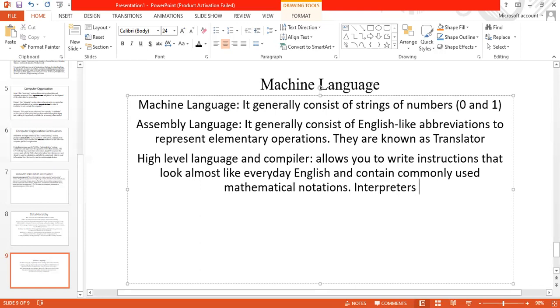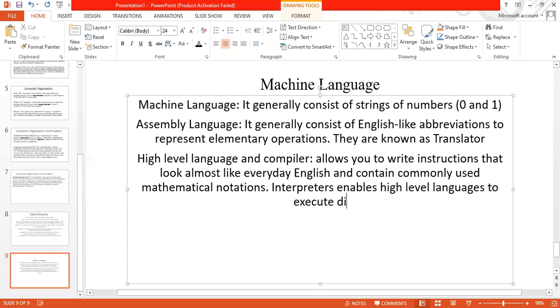Interpreters enable high-level language to execute directly without first going to compile, and so it helps to avoid compilation.